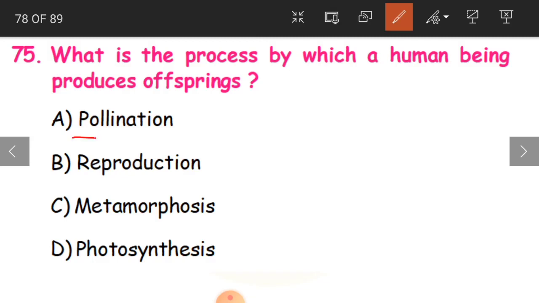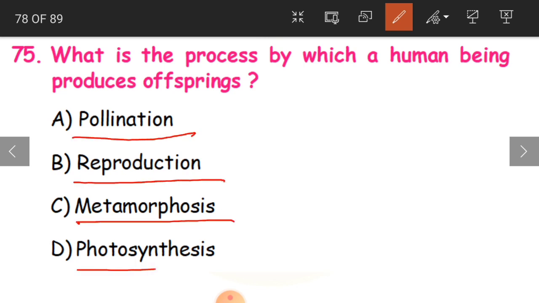Is it pollination, reproduction, metamorphosis or photosynthesis? Answer is reproduction. As plants have reproduction, even human beings and animals also have a reproduction process, children. And because of this, they produce their own offspring.